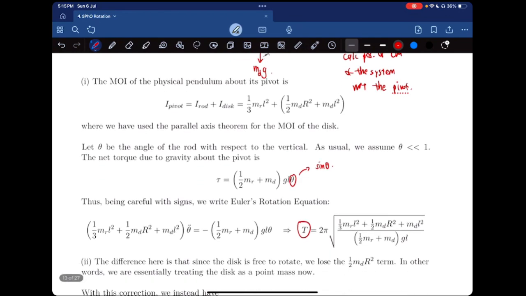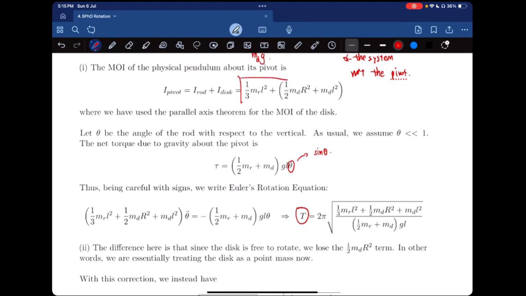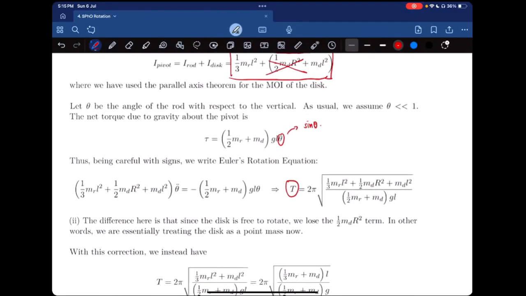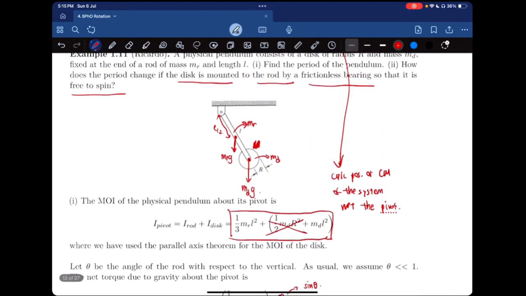It means that when you calculate MOI from this expression here, a certain term would die, and that term is this term. The reason why it dies is because the disk is now free to rotate.